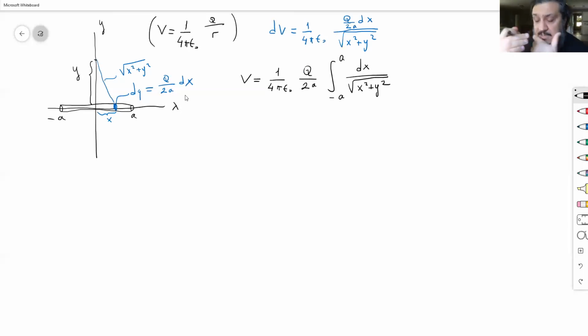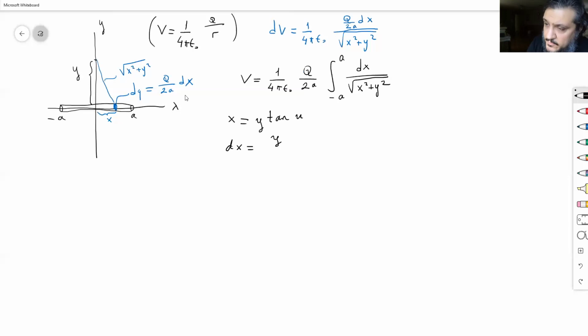So again, let's apply a trigonometric substitution. X equals y tangent u. All right, so dx will be y du over cosine squared u, just like the previous case.